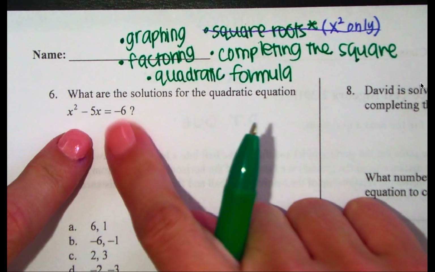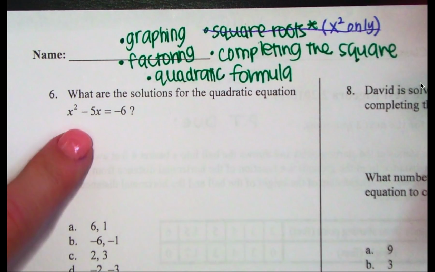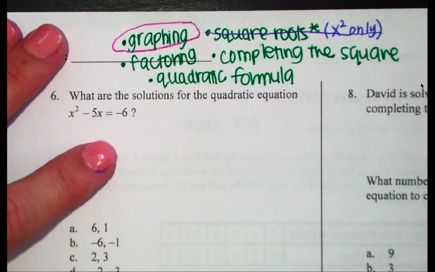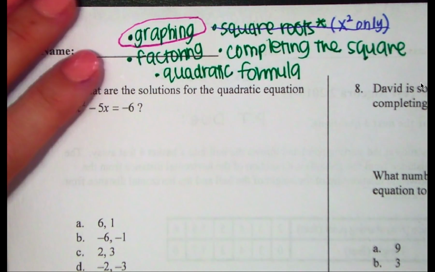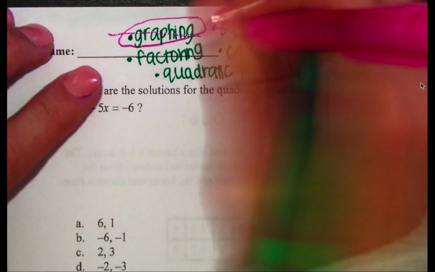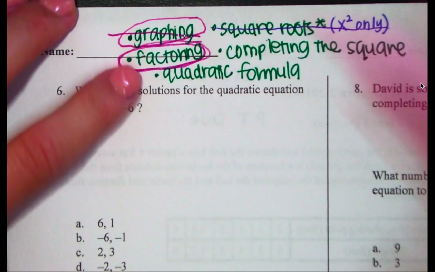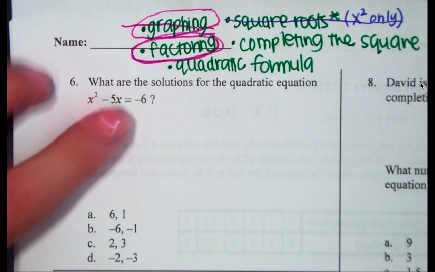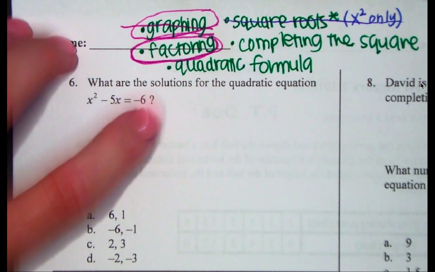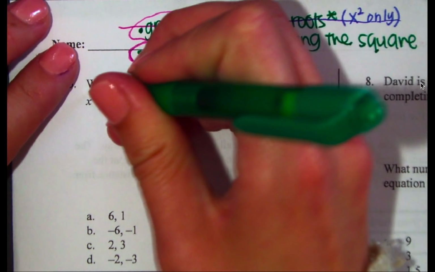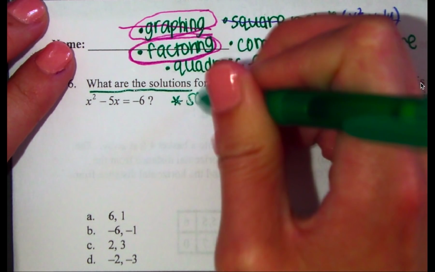But what we would want to do out of these four, graphing is by far the easiest. So we always want to try the graphing method, or not graphing, I'm sorry you guys, I'm already making mistakes. Graphing method is probably the most involved, that's actually the hardest. The factoring method is what I meant to circle. The factoring method is the easiest, so that's what you always want to try first when they ask you to solve.